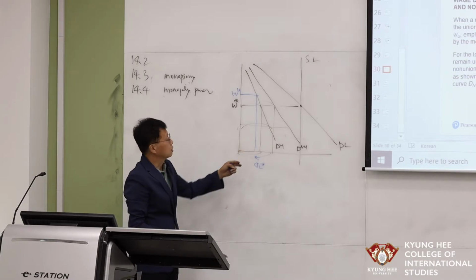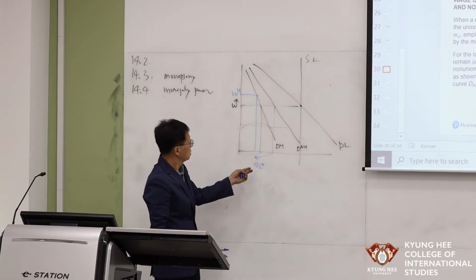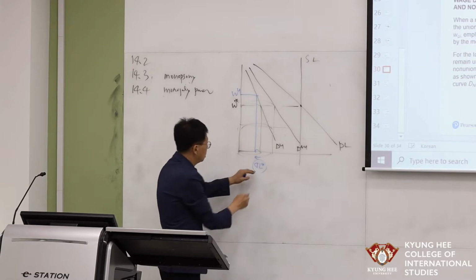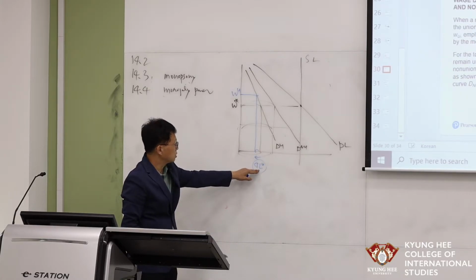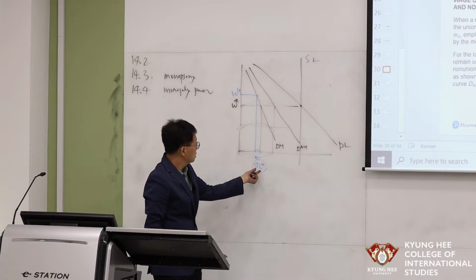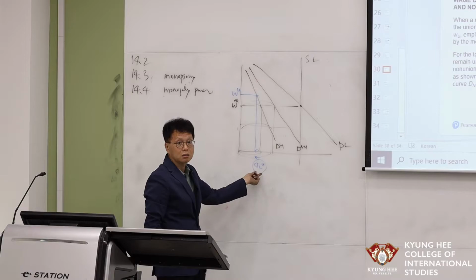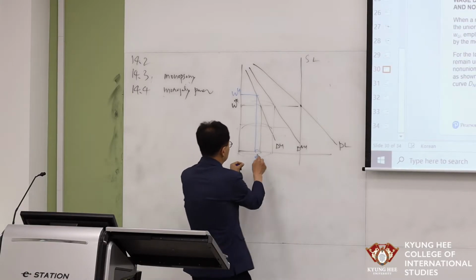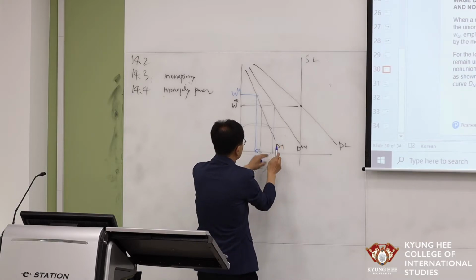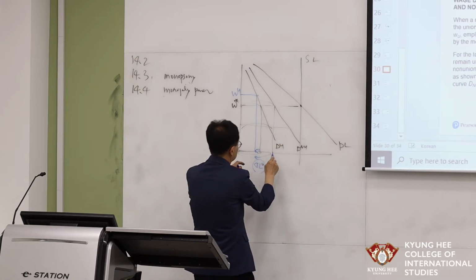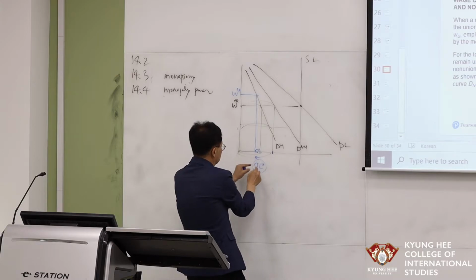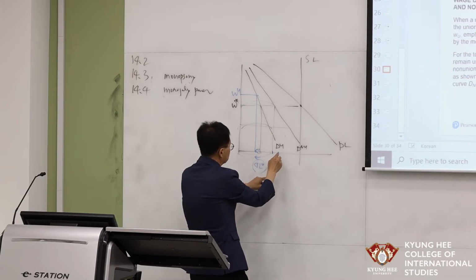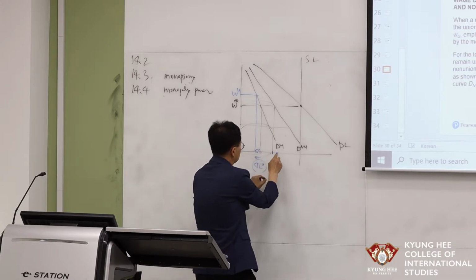Then non-unionized workers' employment should increase by this amount to restore equilibrium. So non-unionized workers' employment is this one originally, and the change in unionized workers is the same as this one.